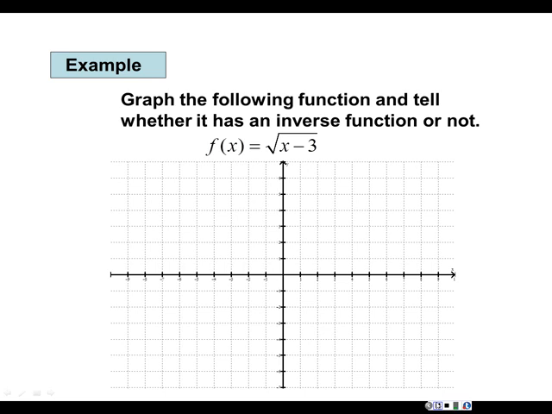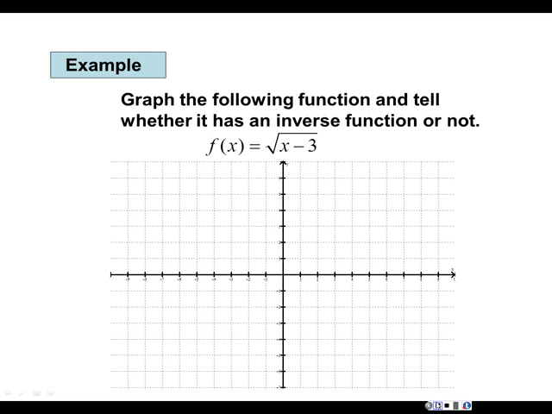Now can you draw a horizontal line such that it intersects the graph at more than 1 point? You cannot. That means this is a one-to-one function, and at the same time this has an inverse, because both of those come together. If the function is one-to-one, that's why it has an inverse, or vice versa.